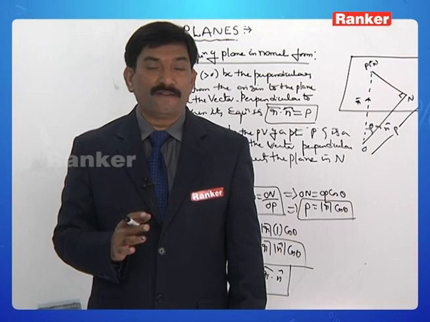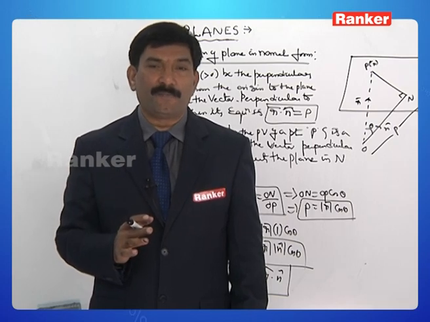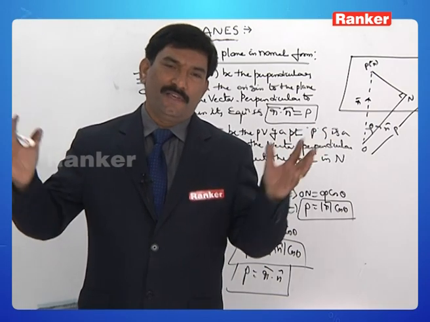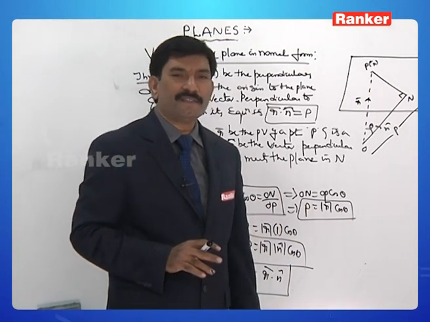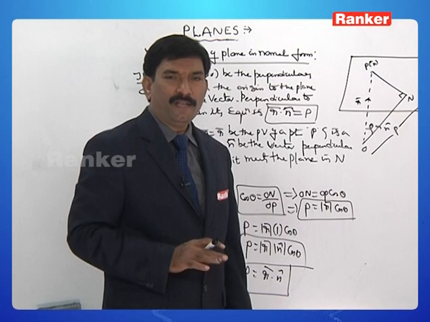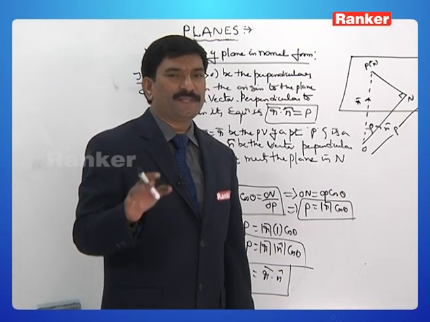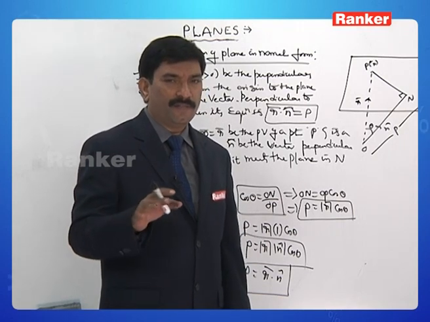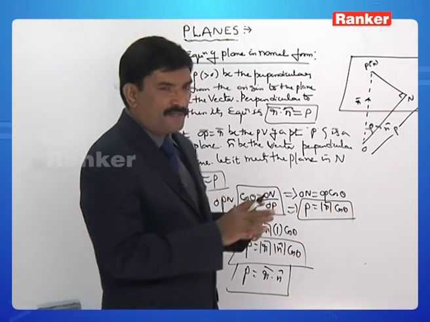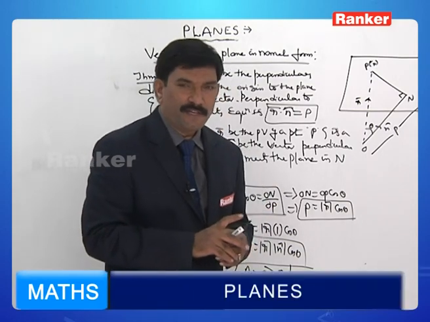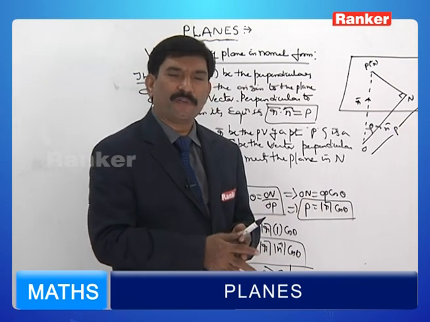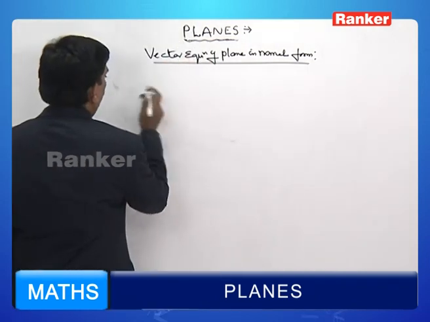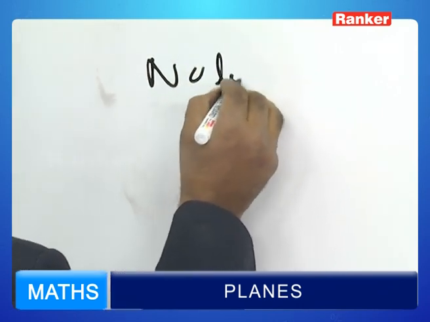Is it not a Cartesian equation of a plane which represents in the form of ax plus by plus cz plus d is equal to 0. Okay, at present, let us focus our attention on how to interpret the equation of a plane in terms of vectors, that is normal form.